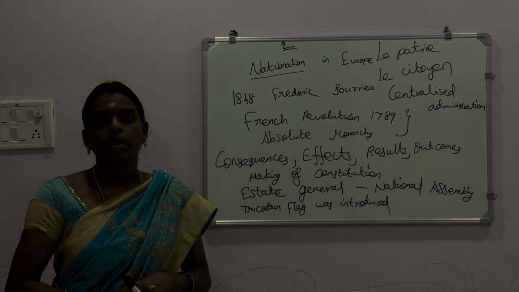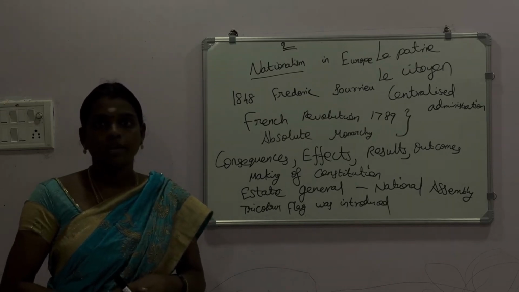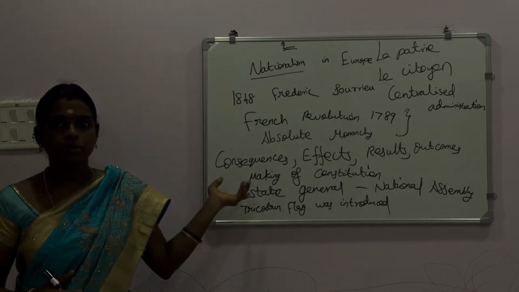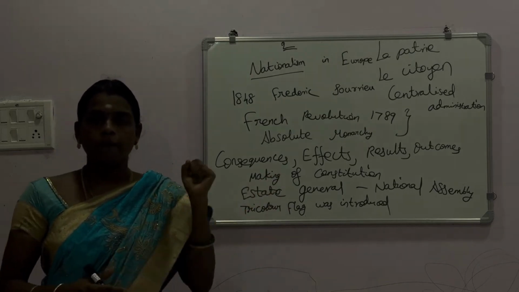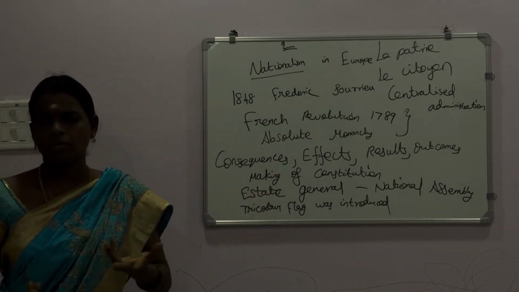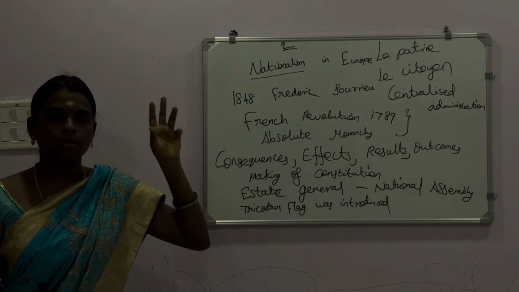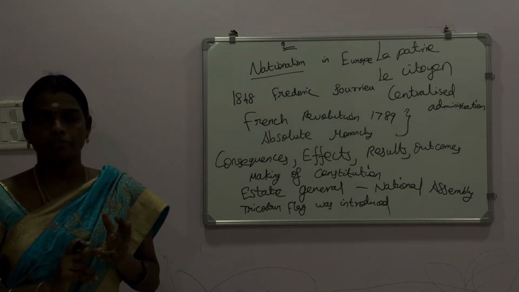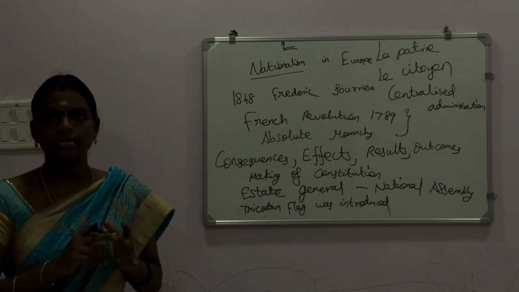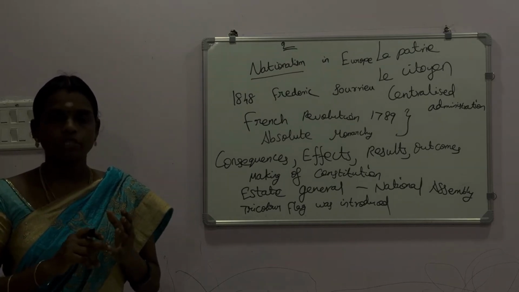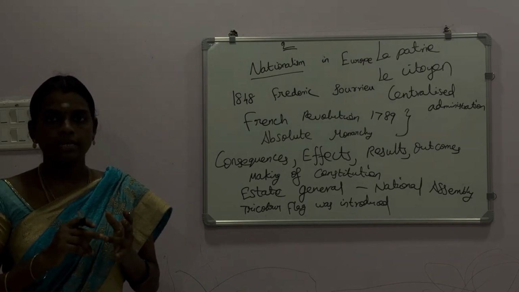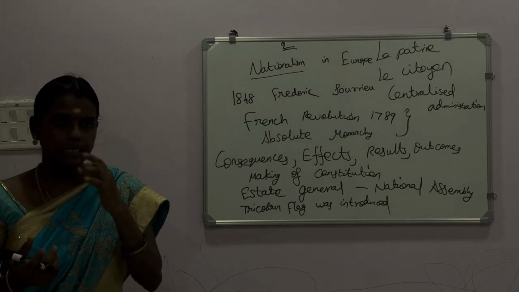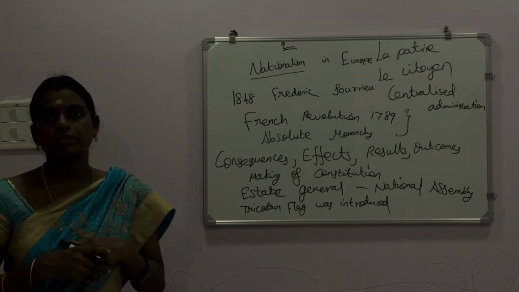The next point will be the French armies. Everyone knows all countries have their own army, and this country is not exempted either. France also had an army. So the French army moved to the places of Holland, Switzerland and Italy, and spread the nationalism there.